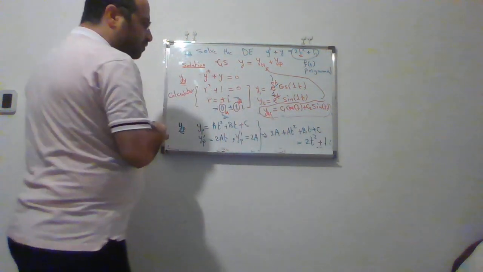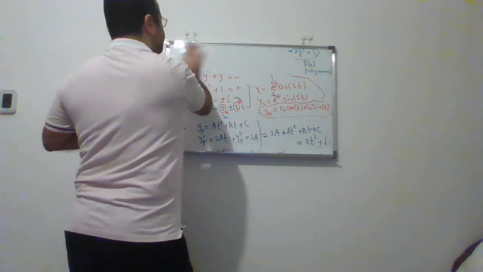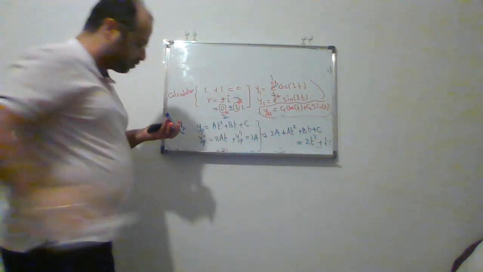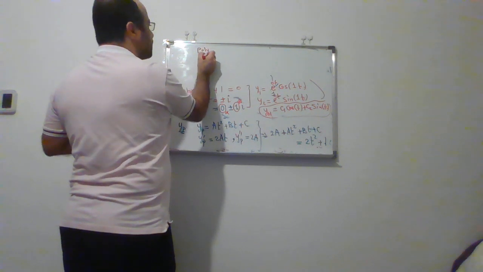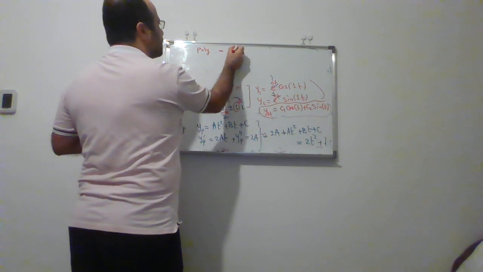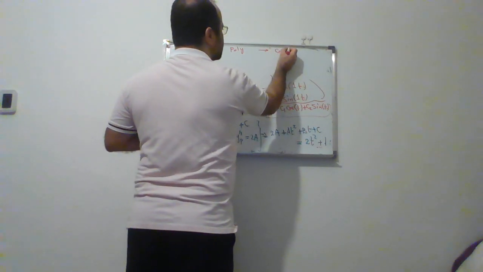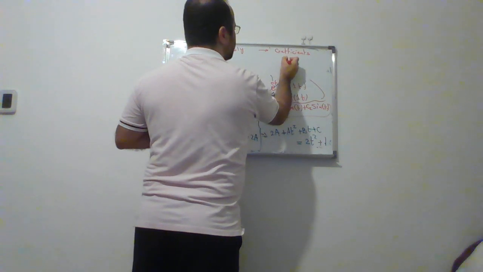Now what you're going to do next: there are two polynomials, so you have polynomial 1 equal polynomial 2, then the coefficients should be equal.